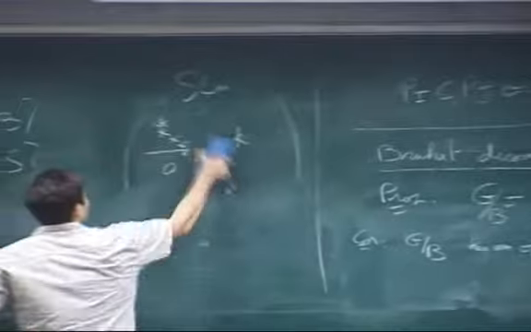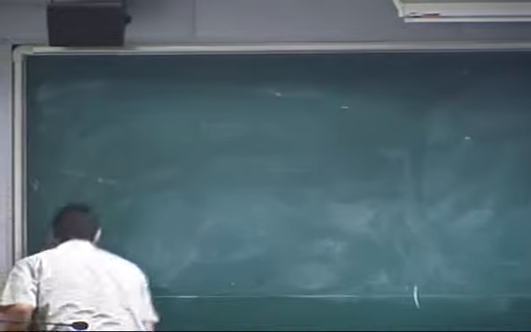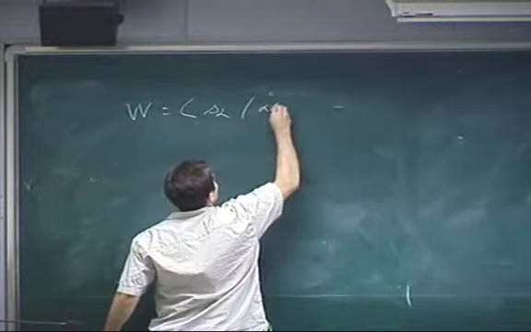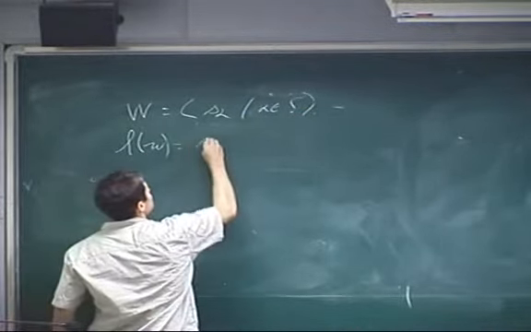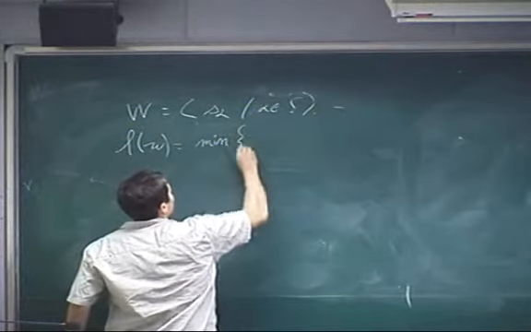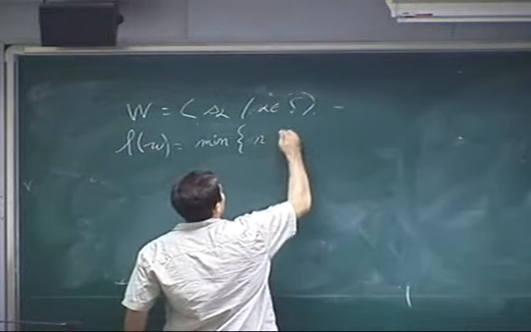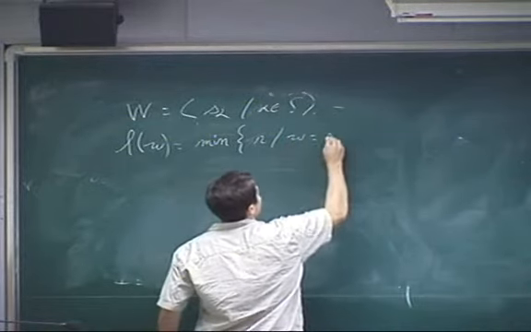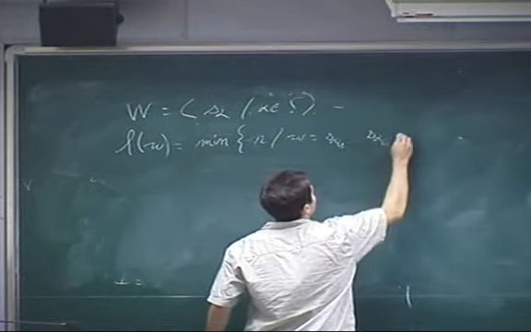Because we have a definition of length in W. So recall that W is generated by the S alpha, alpha in S. So we can define the length of an element as the minimal number of simple reflections we need to write w as S alpha I1 ... S alpha IR.